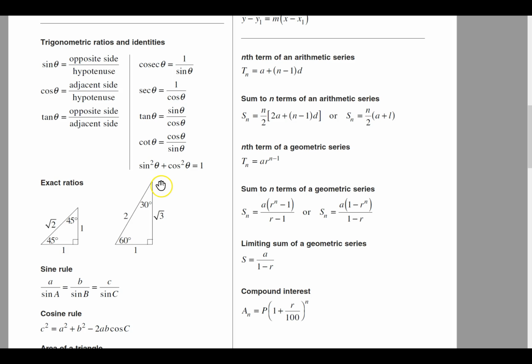So you can always use this to generate the new identities. Remember, the identity that I've just talked about was made by dividing through by sine squared of theta.